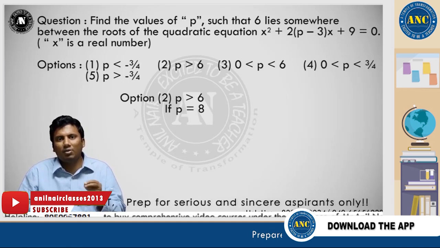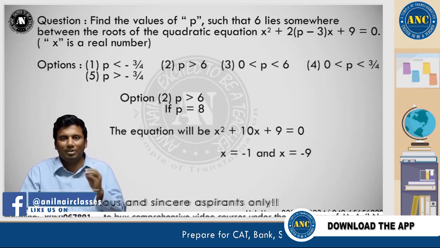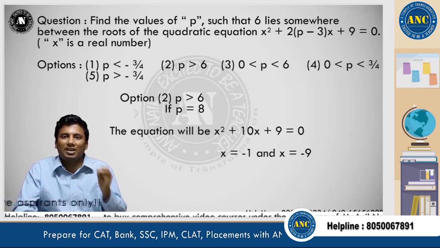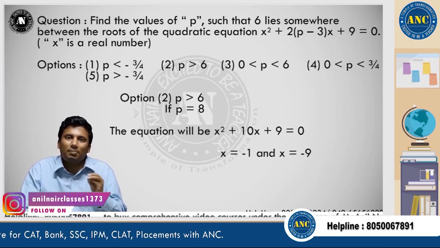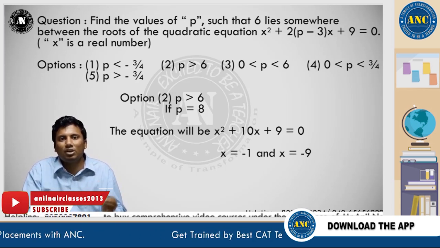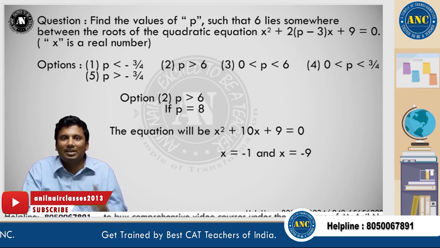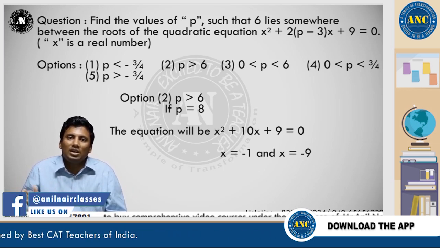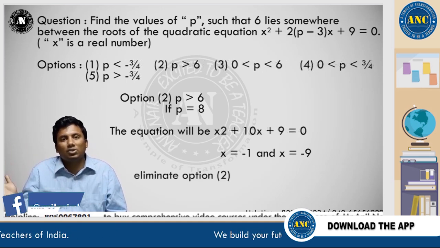If I take p equivalent to 8, the equation will become x square plus 10x plus 9 equivalent to 0, which will give you the roots minus 1 and minus 9. Does 6 lie between the roots minus 1 and minus 9? No. So therefore second option is ruled out.